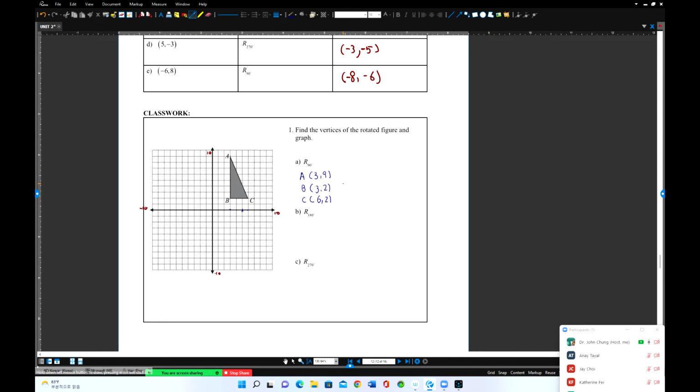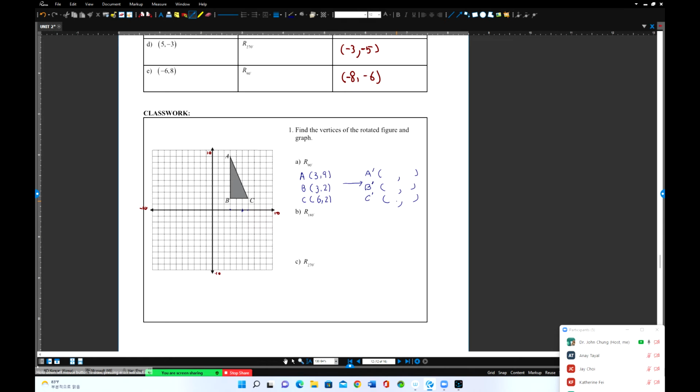Now after 90 degree, we get the new coordinates A prime, B prime, and C prime. You guys have some practice over here. What is the coordinate of each image? The first one, 90 degree.